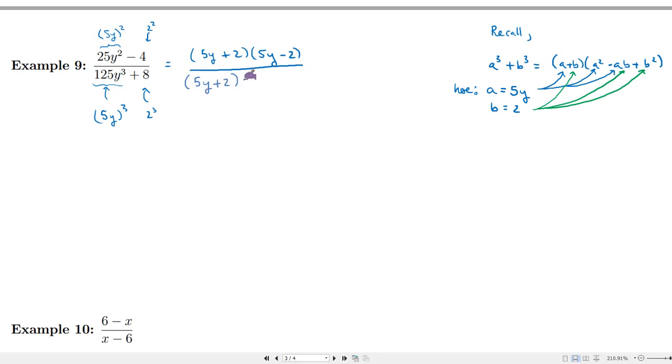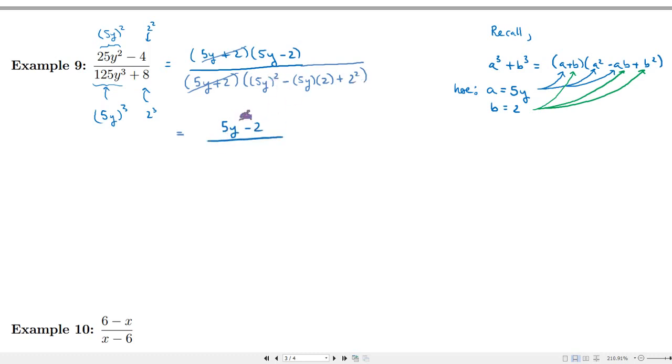Hey, look at that. That's going to be a common reduction. But what do we have over here? We will have 5y squared minus 5y times b, which was 2, and then plus 2 squared. And let's simplify that. Well, the 5y plus 2's reduce. And what do we have left over? We have the 5y minus 2 in the numerator.